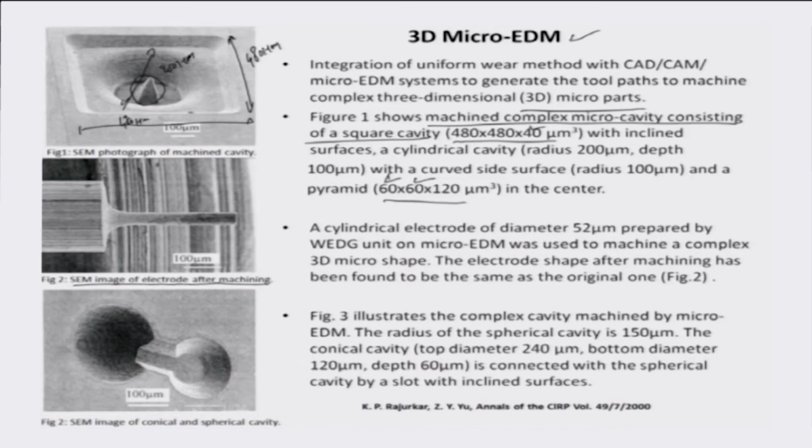Figure 2 again is an SEM image of a circular electrode, and this tip size here must be close to about tens of microns. This is doable again using a micro EDM process. This cylindrical electrode was prepared by a wire assisted electro discharge grinding unit.